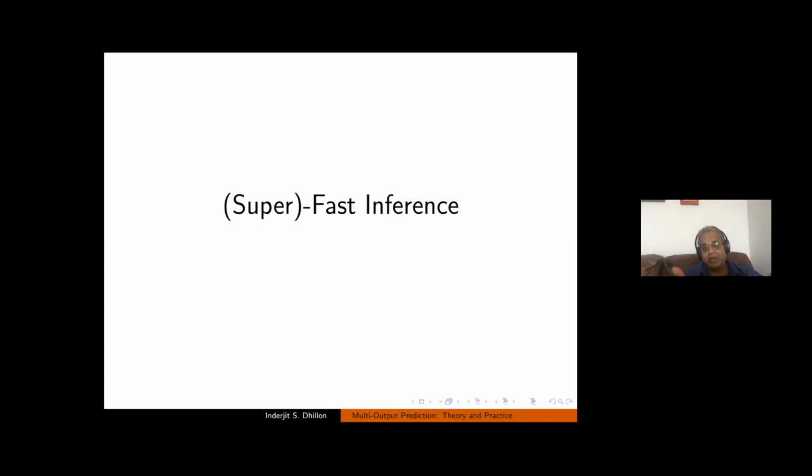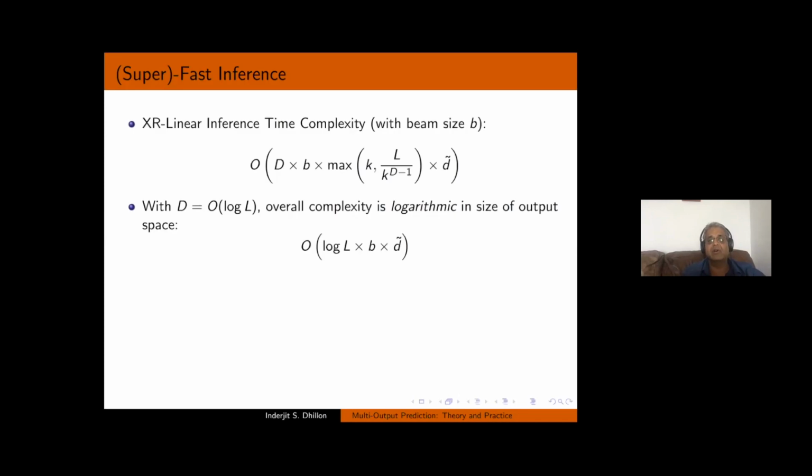The model that I have proposed as part of this PECOS does this intrinsically, right? It organizes the labels in this hierarchical tree. And because of that, we are able to do the inference in logarithmic time, okay? Time which is logarithmic in the size of the output space.